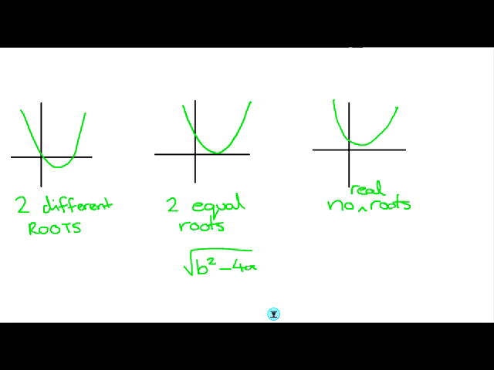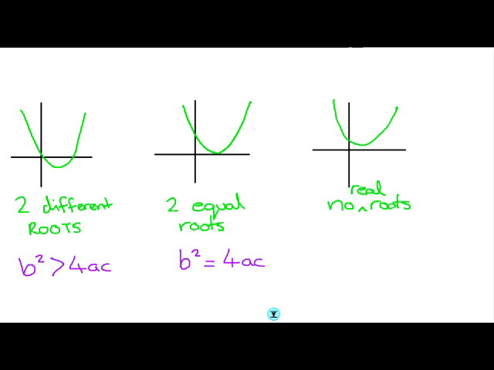So what we say is if you take the coefficients of the graph or the equation that you're given, if b squared is more than 4ac, so if you can imagine on the formula the first part is more than it, you're going to end up with a positive number. You get this. If b squared is exactly the same as 4ac, what you're going to have here is this scenario.